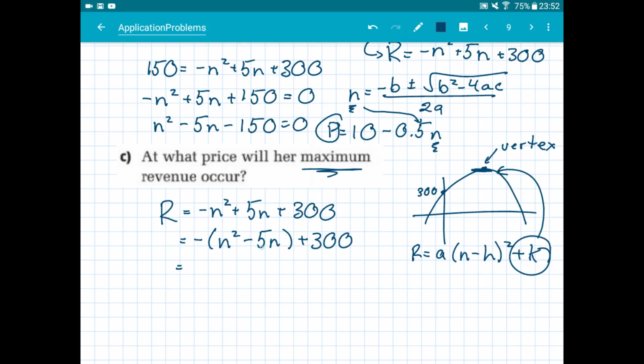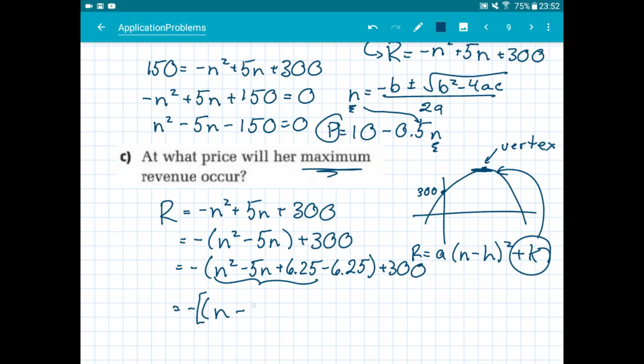Okay, so half of 5 is 2.5, and 2.5 squared is going to be 6.25. Got to add it and take it away. Now this is a perfect square trinomial, minus (n minus 2.5) all squared minus 6.25 plus 300.